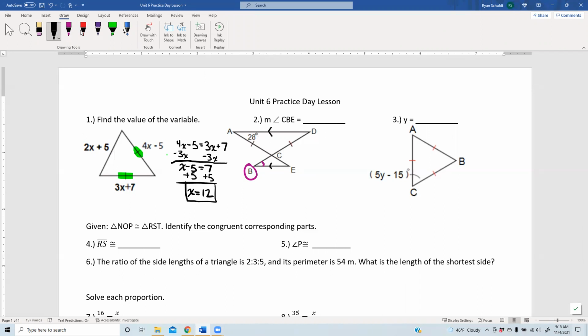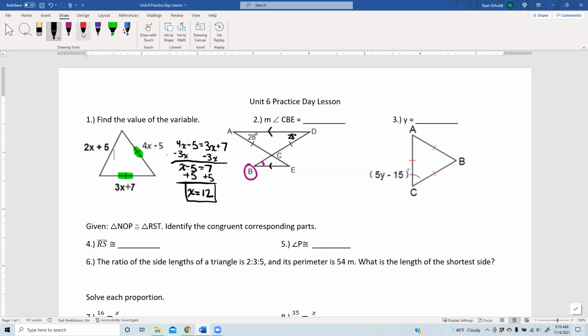I don't know about the little one. So our two base angles on the big one have to be A and D. Well, since A is 28, that means D is also 28 degrees.